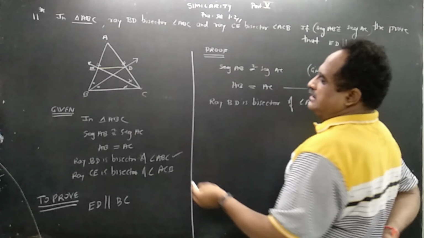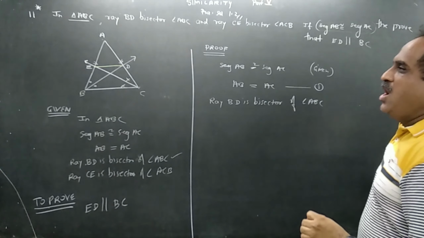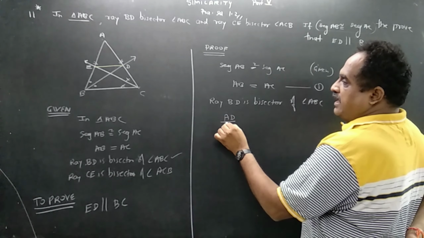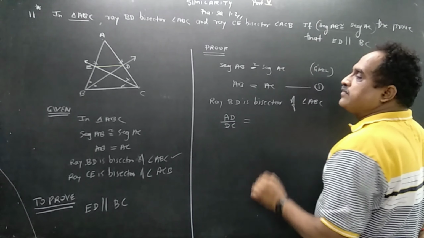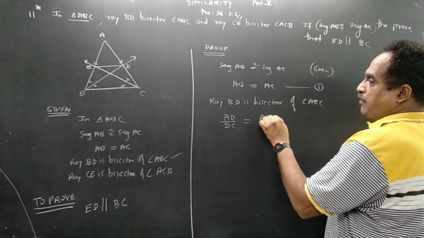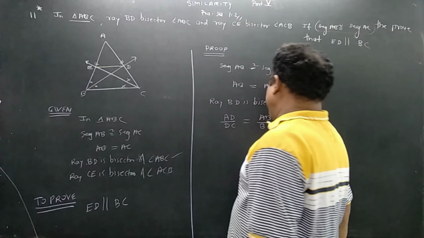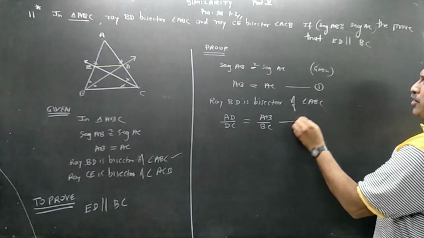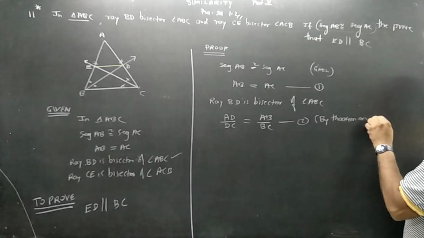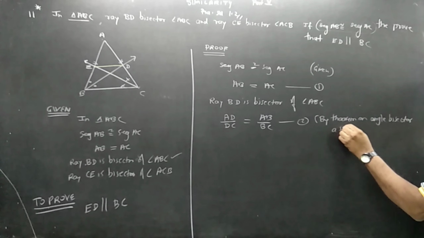If BD is a bisector of angle ABC, means what I am going to write is AD upon DC is equal to AB upon BC. See once again, AD upon DC is equal to AB upon BC, and the reason we are going to write is by theorem on angle bisector of a triangle.